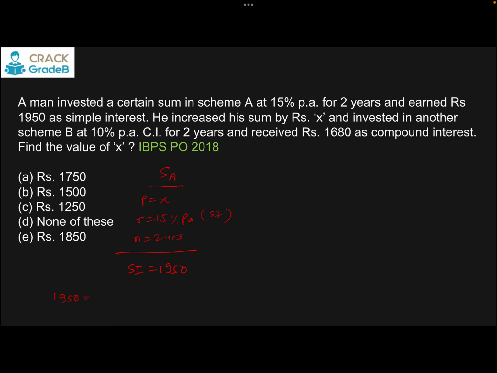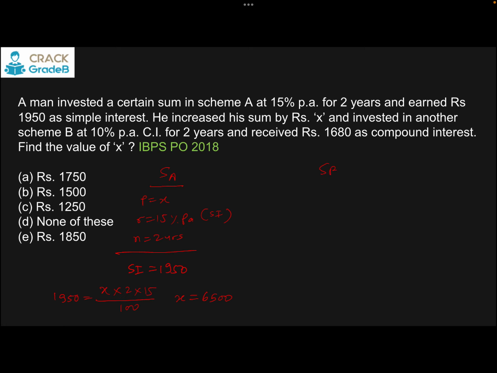So we can use the formula that simple interest is equal to principal into number of years into rate of interest upon 100. So that will get the value of X as 6500.